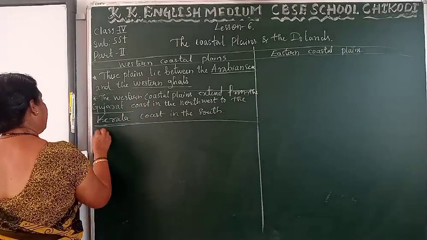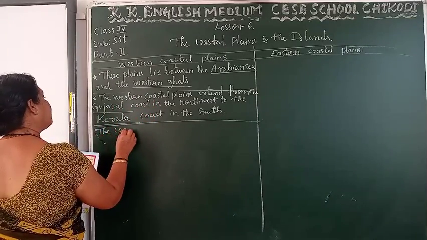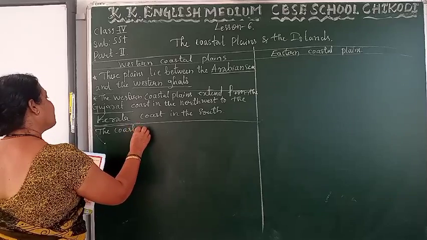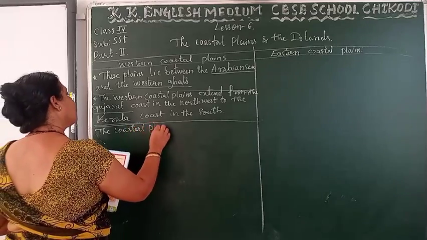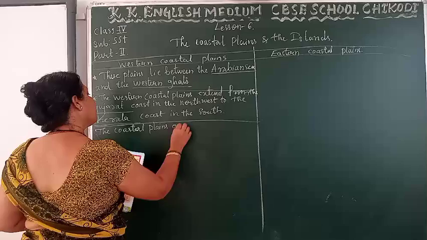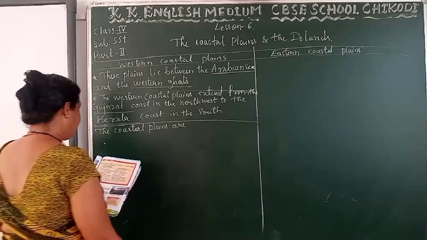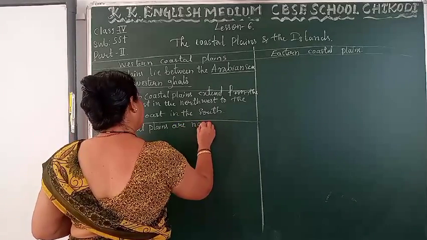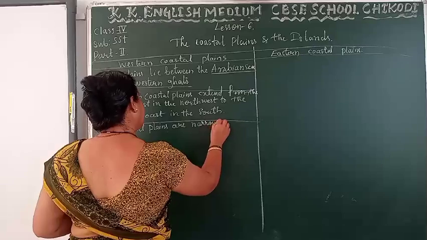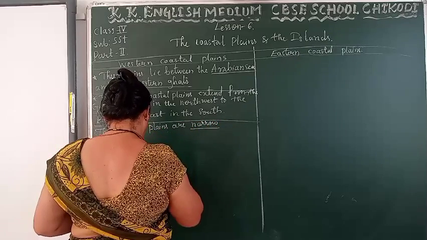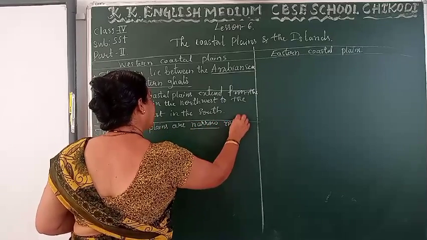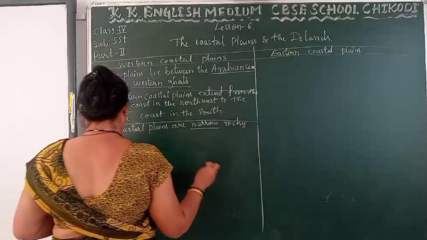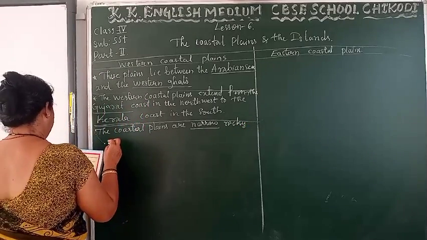The coastal plains are narrow, rocky, and rugged in nature.